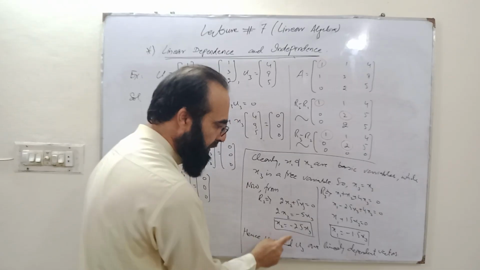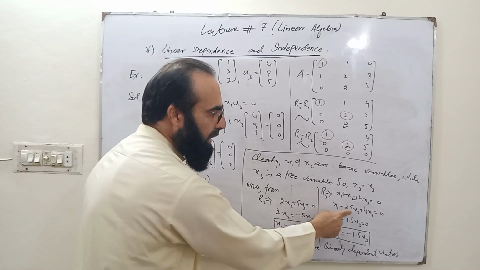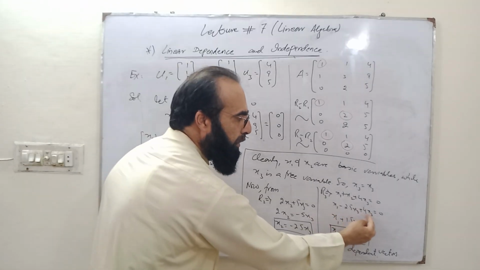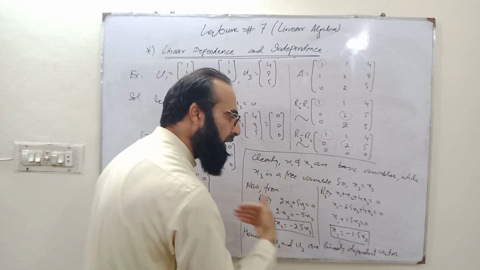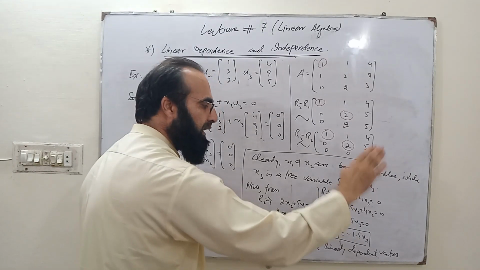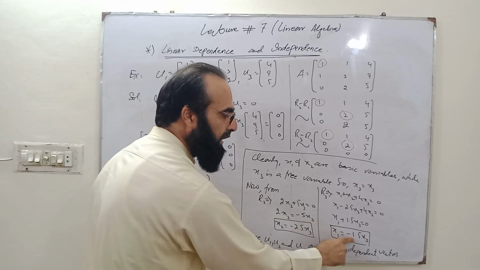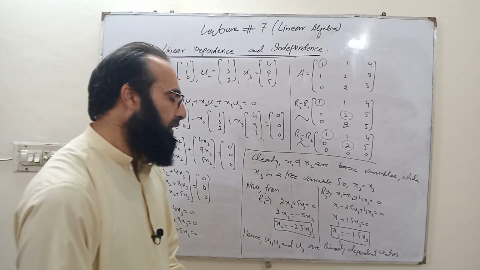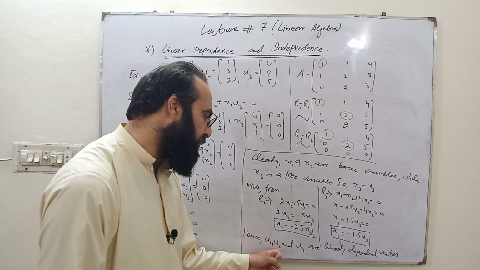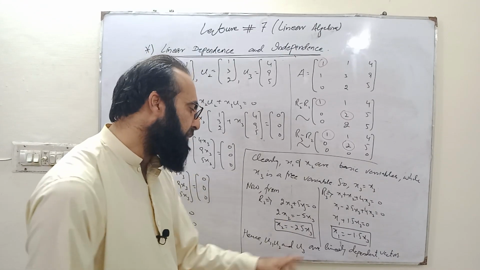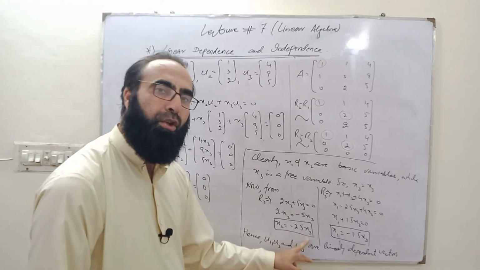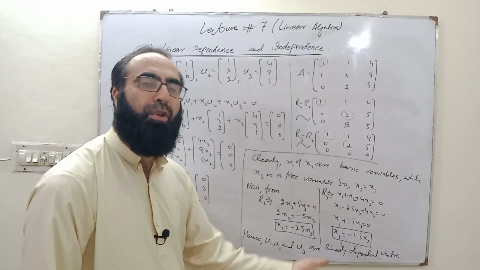Put x2 equals minus 2.5x3 and add with 4x3. We will get 1.5x3. Now shift that 1.5x3 to the right side, we will get x1 equal to minus 1.5x3. This shows that u1, u2 and u3 are linearly dependent, because for each value of x3 you will get a new solution.